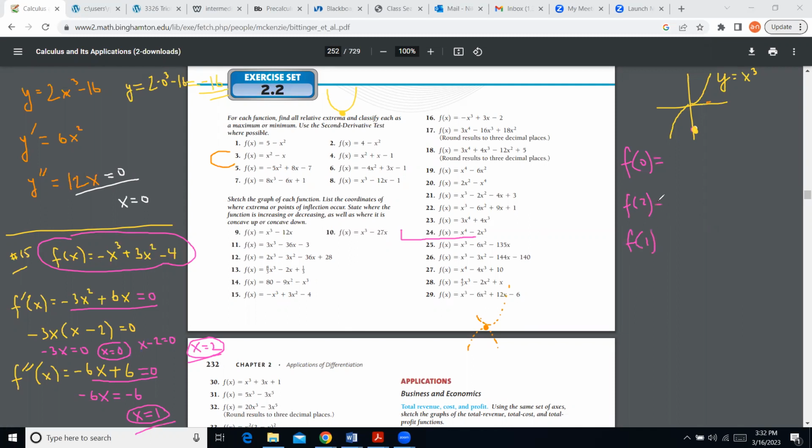So plug in these numbers into my original equation. That's a tedious part. But since we got lucky to deal with such nice numbers as 0, 1, and 2, then it looks like the calculations will also be nice. Like in the case of number 0, we just get a negative 4 because this part is all 0, so they disappear.